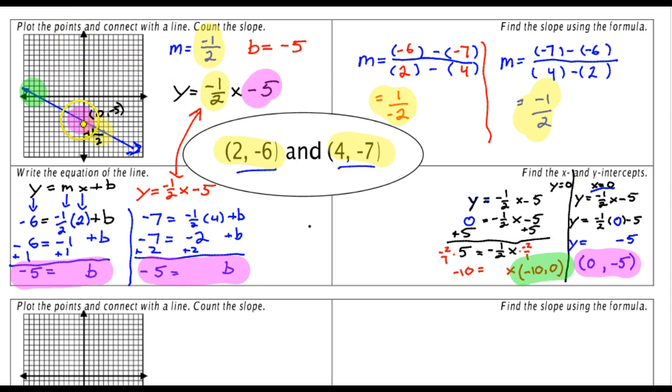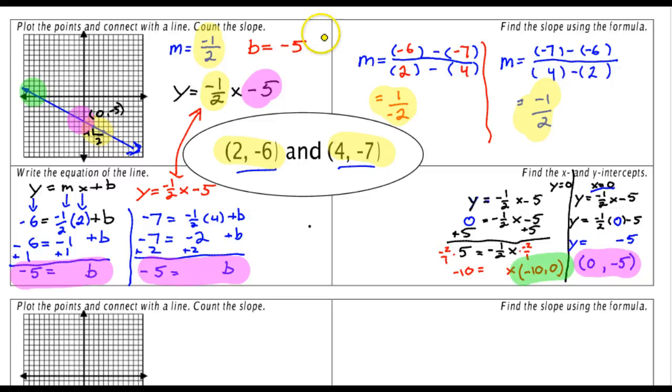If you get the y-intercept from the graph, it should be the same thing as you get from using y equals mx plus b, or by plugging in 0 for x. You get the same thing. And of course, the x-intercept should agree here. So you're going to do this several times over and over to really get the hang of it.